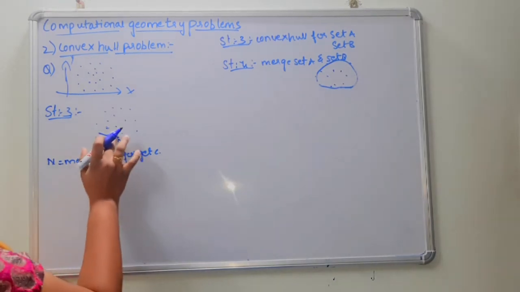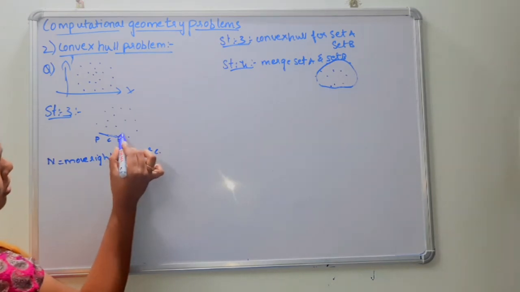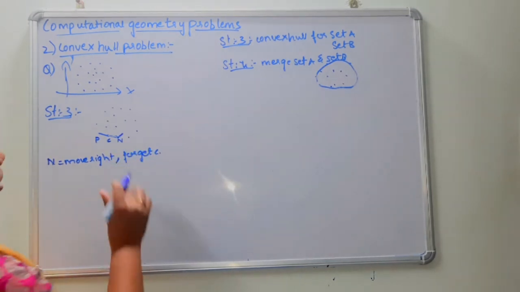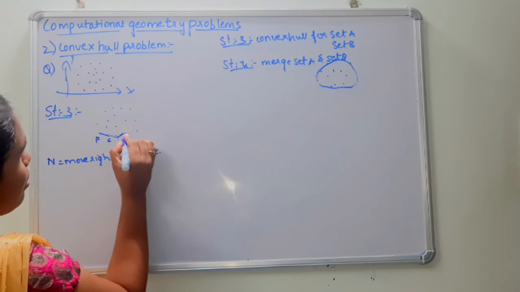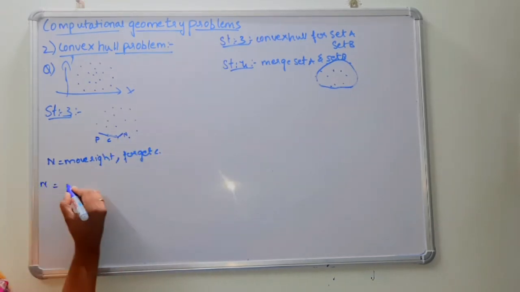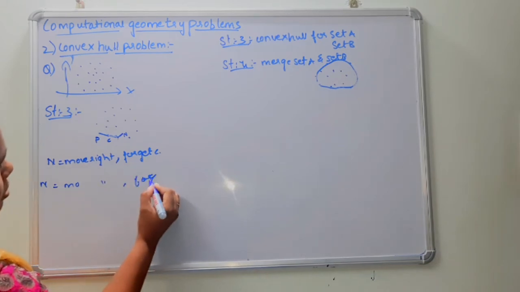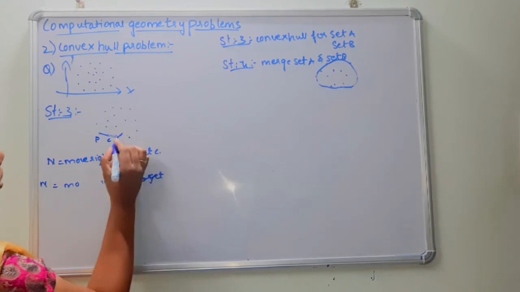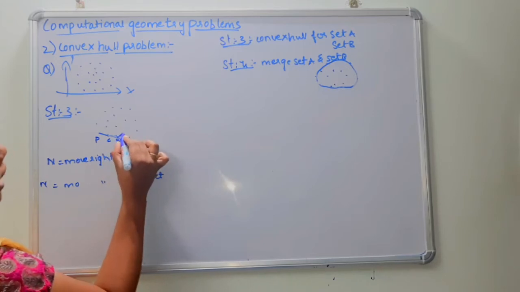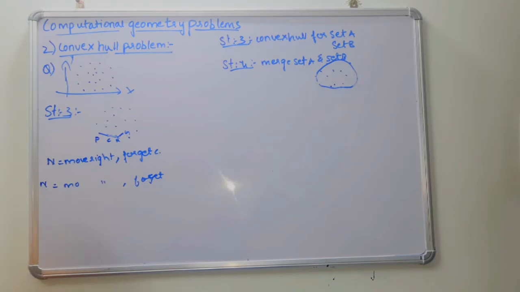Now, next step. This N will go to here. Next, again N should move right and forget N. From N the line moves to G. Why does the line move to G?